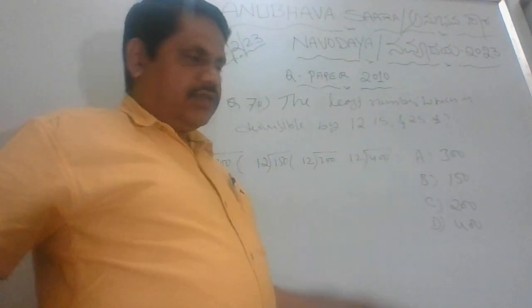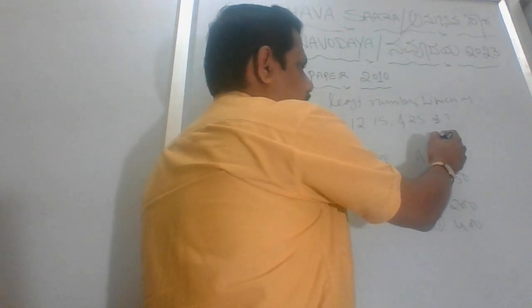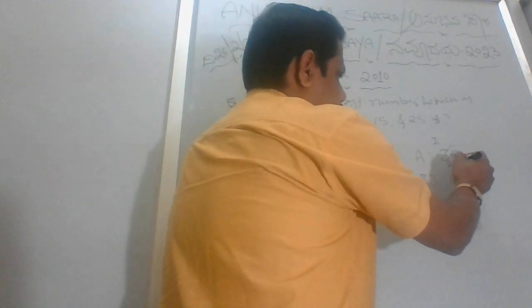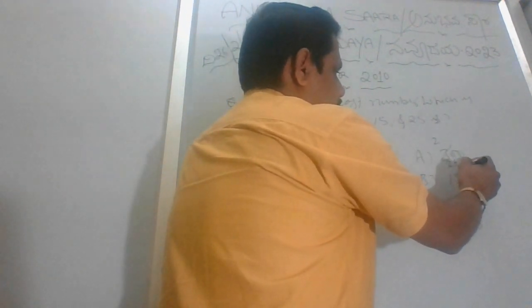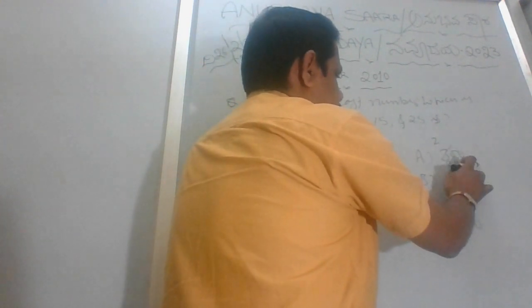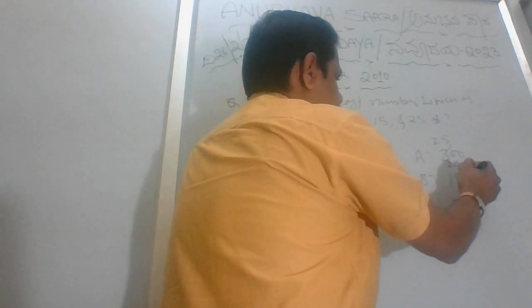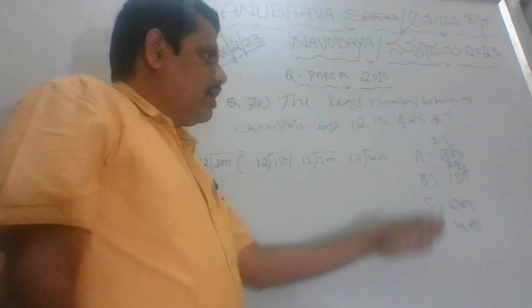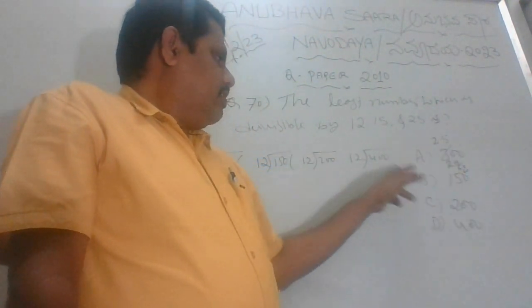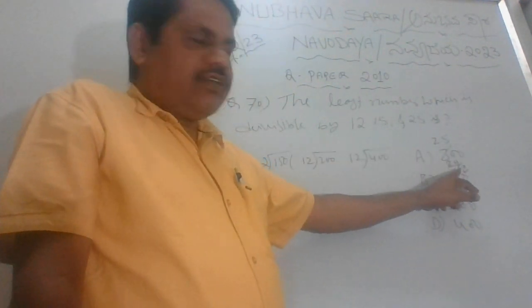I will tell you once again. 12 2s are 24, so 30 minus 24 is 6.